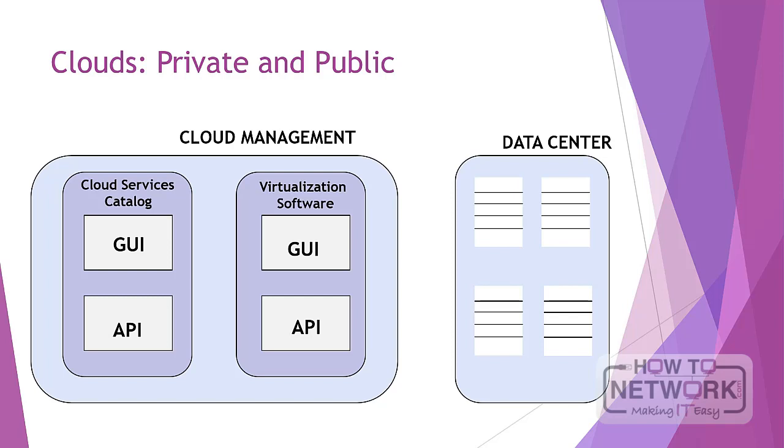It gives you a cloud services catalog, like you can see in the image, and then from that catalog, the user interacts with it, and whatever the user chooses, it's sent to the virtualization software API, or application programming interface, so that the virtualization software gives the order, and the resources are added, moved, edited, or provisioned at the data center level, where the actual hardware resources, memory, storage, CPU, software, where everything resides.